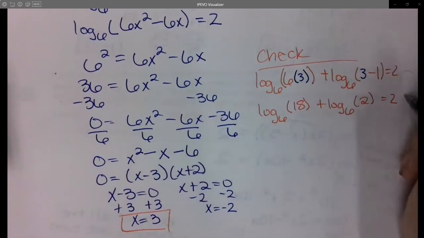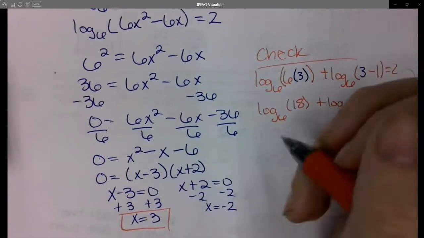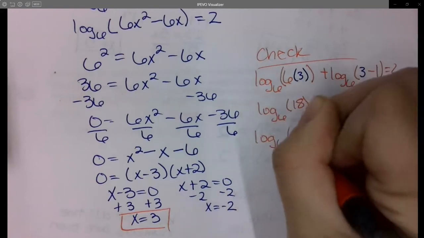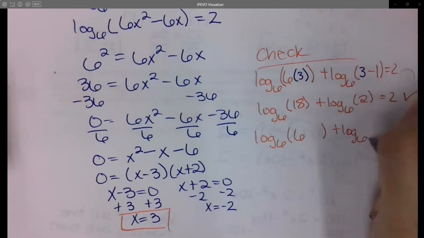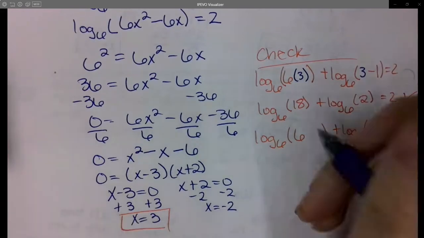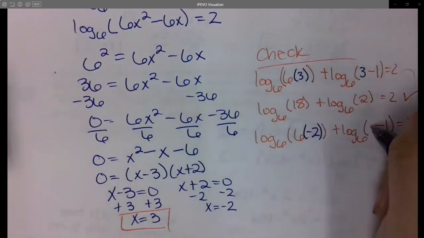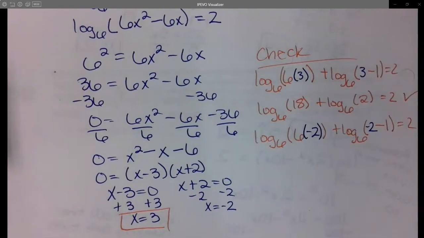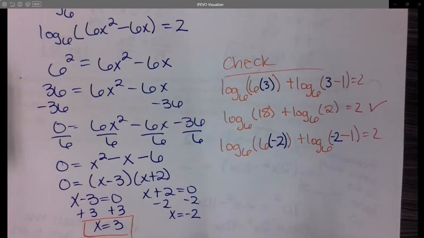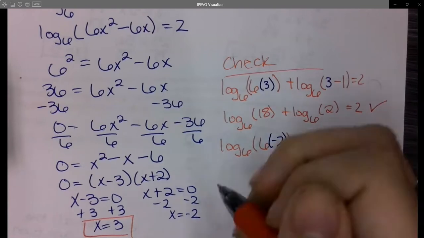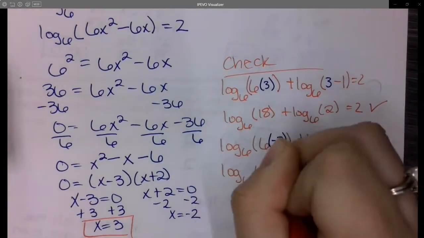Then I'm going to go ahead and check negative 2. So I'm going to have log base 6 of 6 times negative 2 plus log base 6 of negative 2 minus 1. 6 times negative 2 is negative 12.